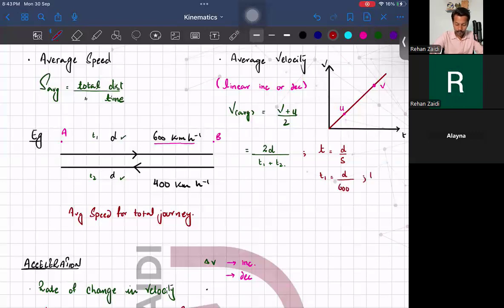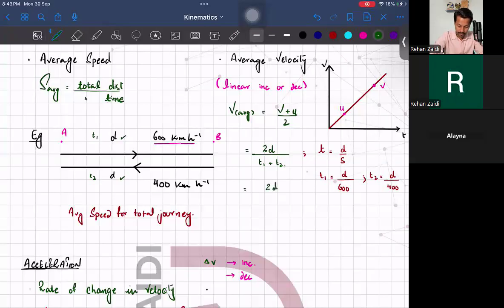And for T2, the returning journey, the distance was the same D, and the speed was 400. So I got two values of T1 and T2 in terms of D, which I can replace in the formula which we wrote earlier.